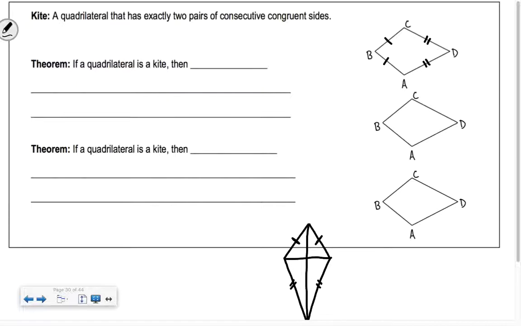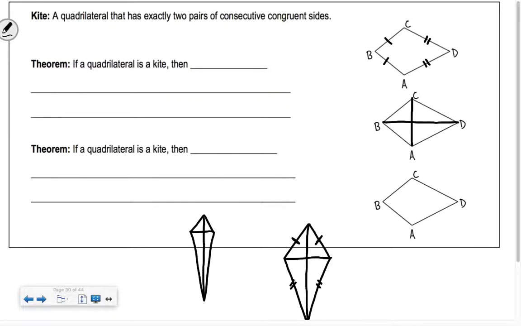Okay, so if a quadrilateral is a kite, then, let's think about what's happening. What do we think is true about its diagonals? They're not the same length, it doesn't look like, right? But what's true about them? When in doubt, I always draw a really tall, skinny one. What did you guys say?